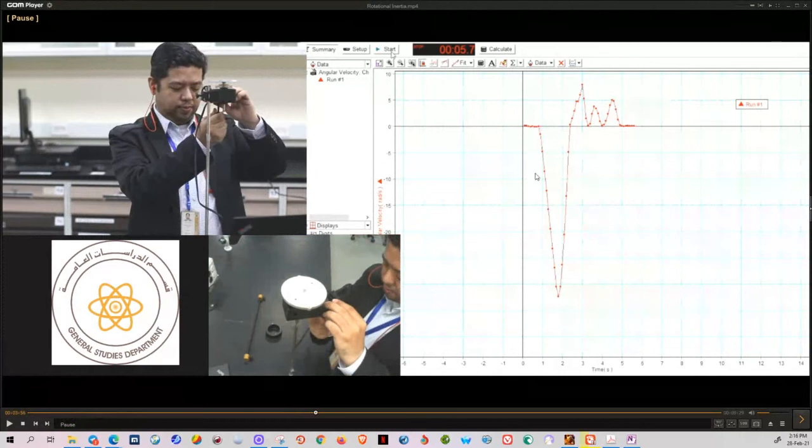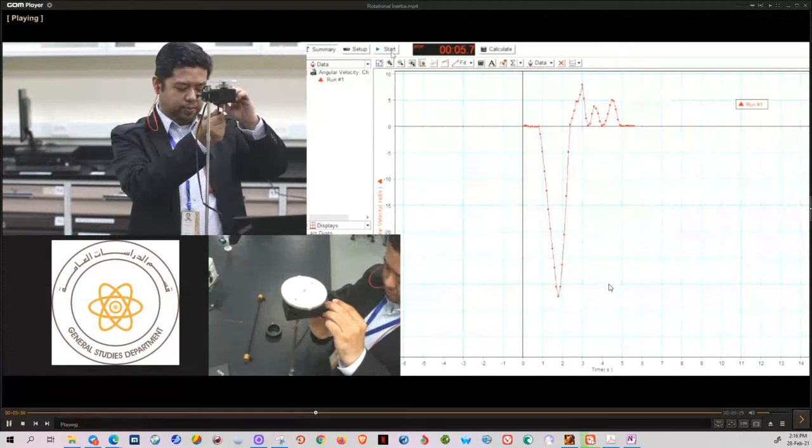So what's going on? The graph is going down. So the problem here, your slope becomes negative. In order to make it positive, you want the graph to go up. So what to do? You reverse the rotation of the pulley, of the disc. That's the simple explanation, okay? So two ways to do it. You can switch the pulley to the opposite side, or you can get the plug for the rotary motion sensor and reverse the polarity.